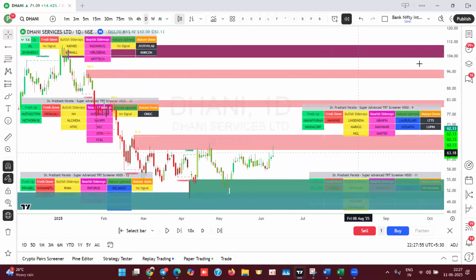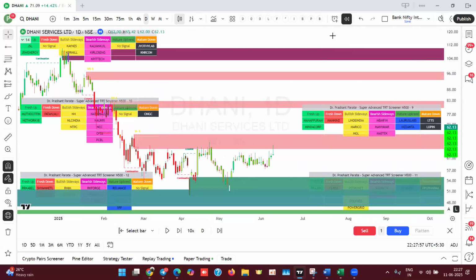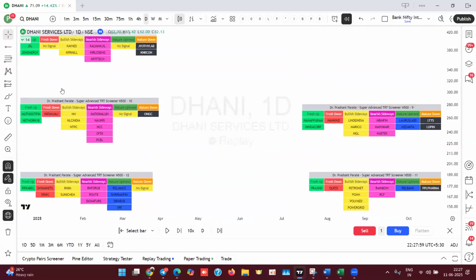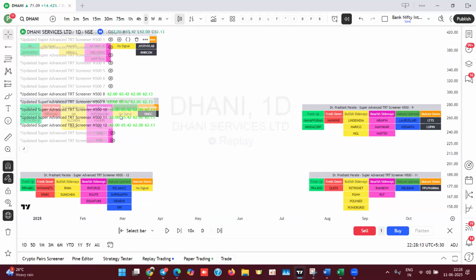Okay. So out of these, first make this white, and we can see almost 10 to 12 stocks are green. Red are very few, just 4 to 5, and there are many pink also. Mostly bullish bias.